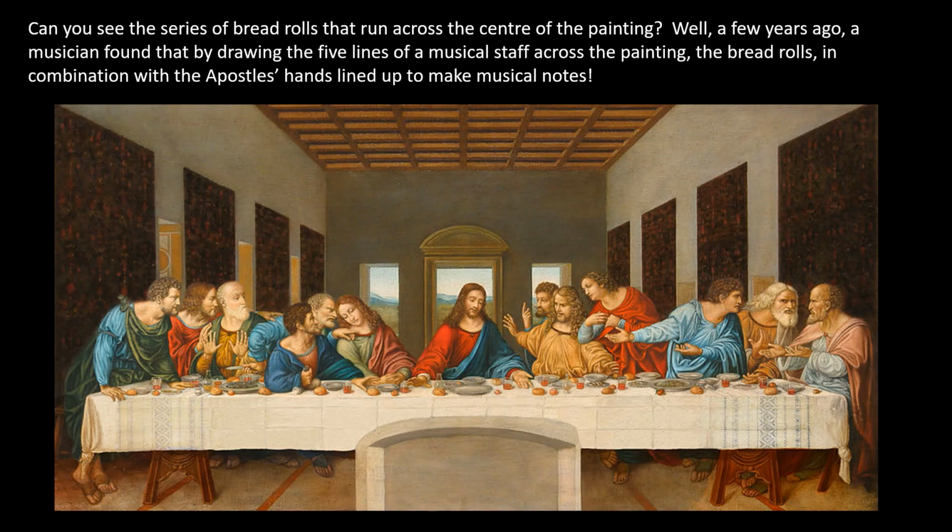Can you see the series of bread rolls that run across the centre of the painting? Well, a few years ago, a musician found that by drawing the 5 lines of a musical staff across the painting, the bread rolls, in combination with the apostles' hands, lined up to make musical notes. Can you see that?